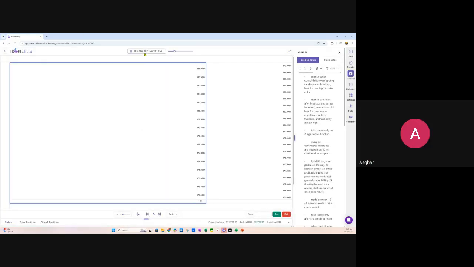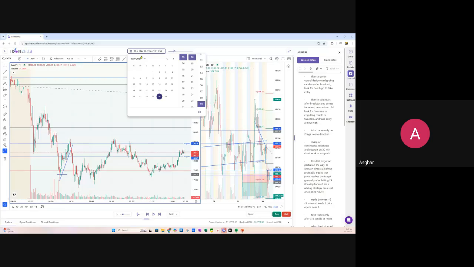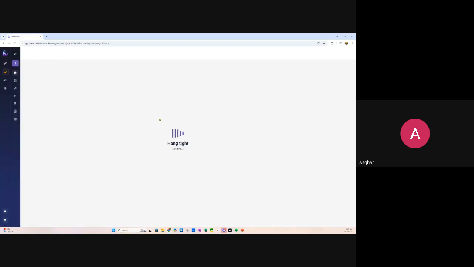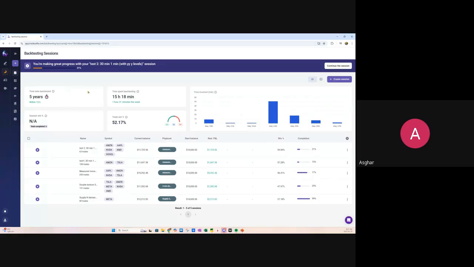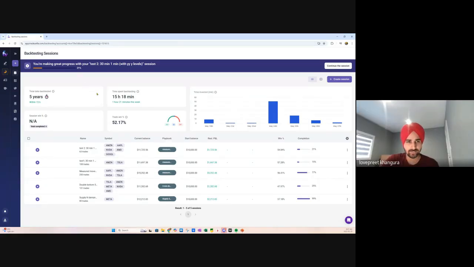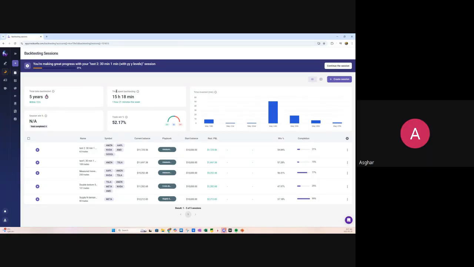Can you walk us through where you get to this page? Because not everyone is using TradeZilla, and when I start using it, I want to know where to start first. Where should I start to come to this page?